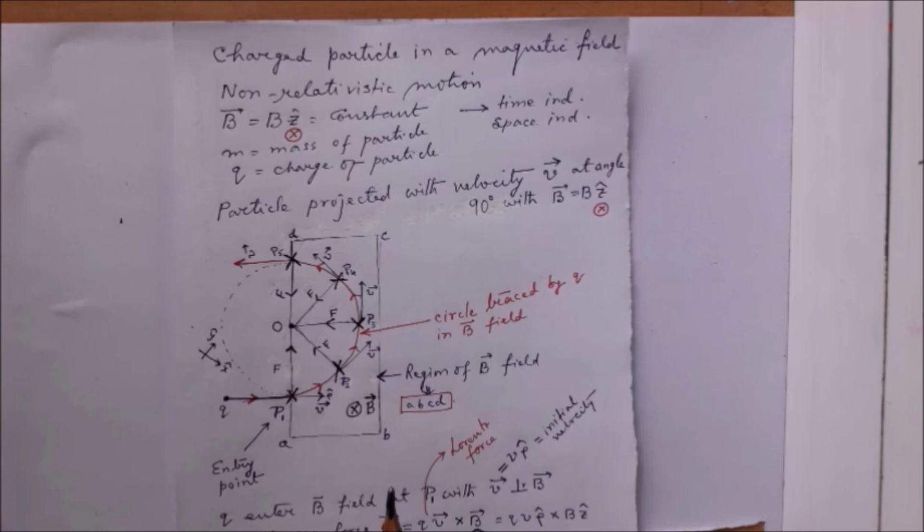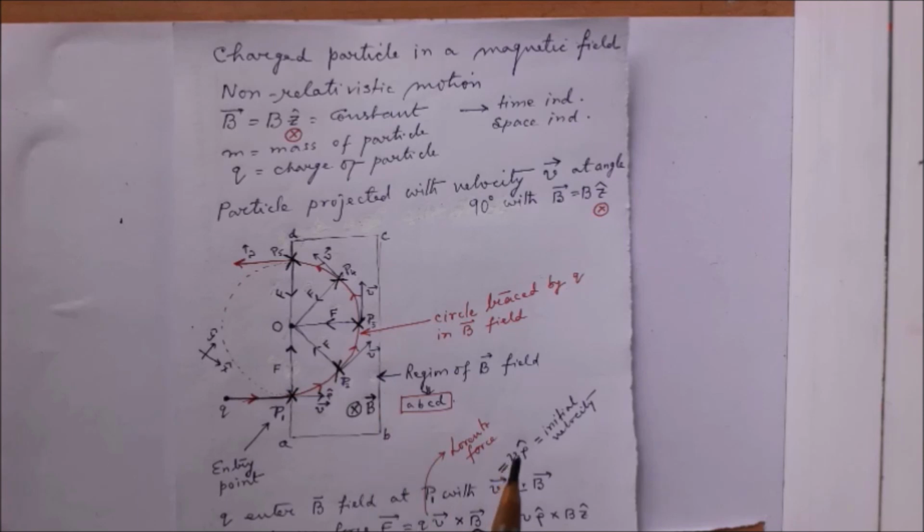Of course, its velocity should not be parallel or antiparallel to the magnetic induction. The second thing that we learnt is that the particle responds to the Lorentz force such that its speed does not change, but the direction of velocity changes.